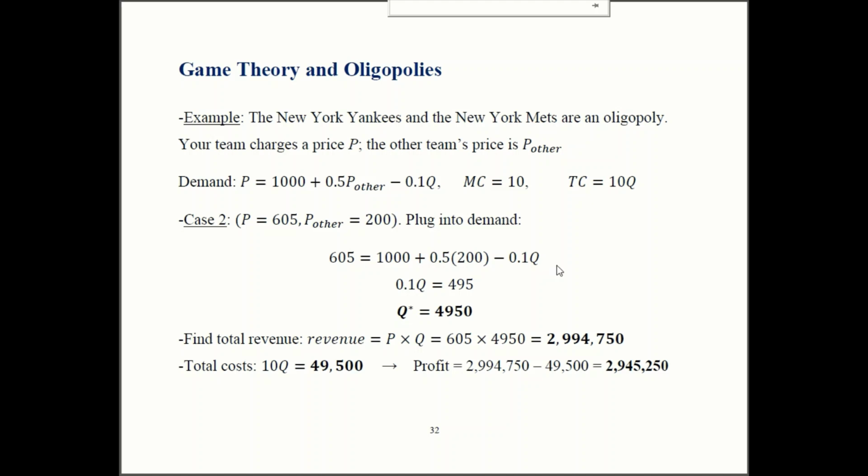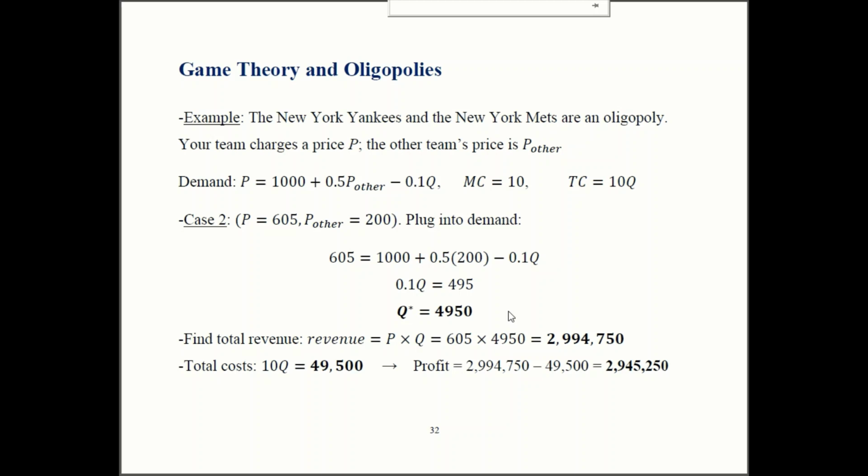Then I'm going to push the 0.1Q to the other side, so I have 0.1Q equals 495. As before, we're going to quarantine that Q by dividing both sides by 0.1, so that Q is isolated on one side of the equation. Then we get Q star is 4950. So you can check your intuition here.